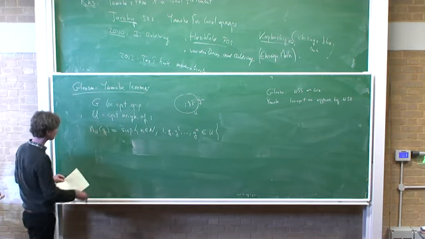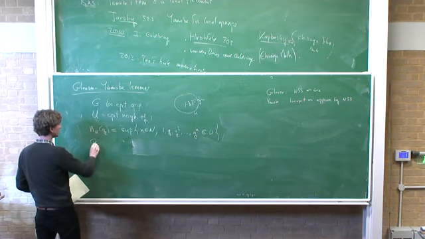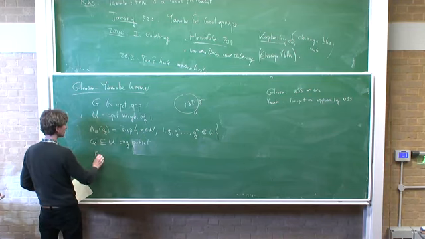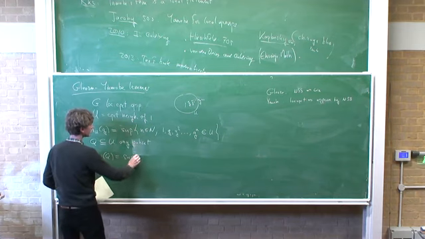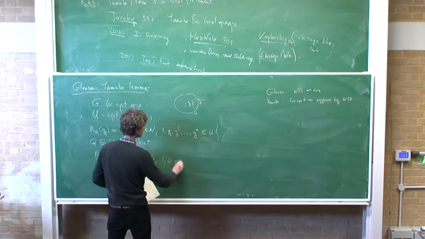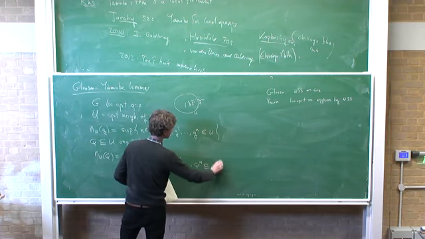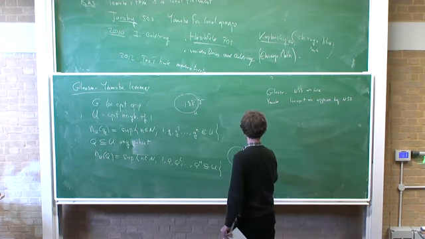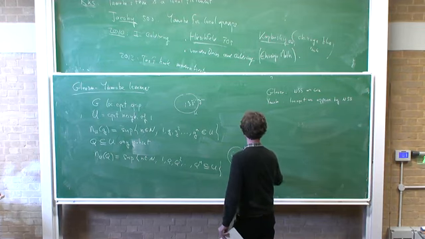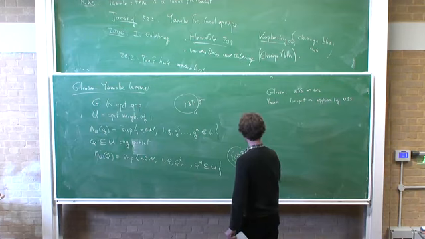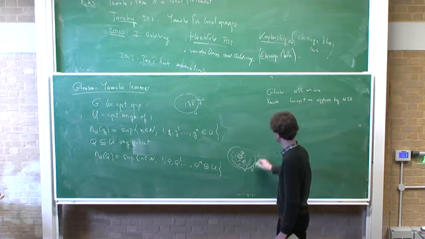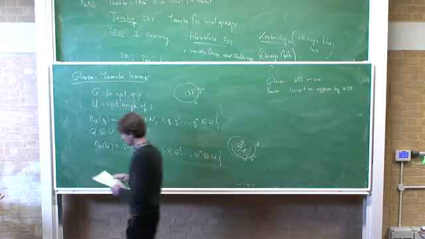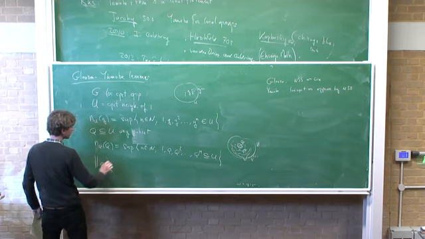In the same way, if I have Q any subset of U, I'm going to let N_U of Q be the same thing: the supremum of N such that 1, Q, Q squared, up to Q to the N is entirely contained in U. So I have a small subset Q here, and then I look at Q squared and so on, and look at the first time Q to the N plus 1 eventually pops out of U. And finally, I also want to look at the inverse of this.